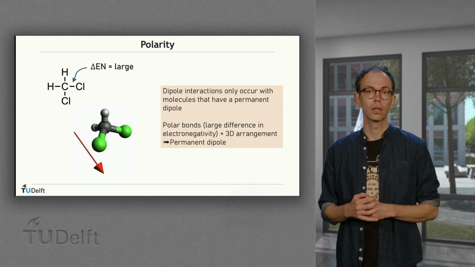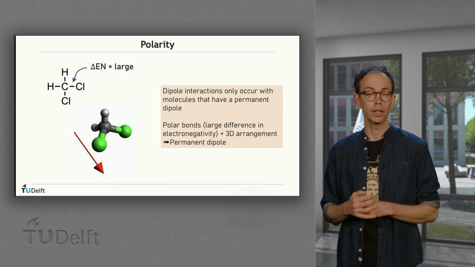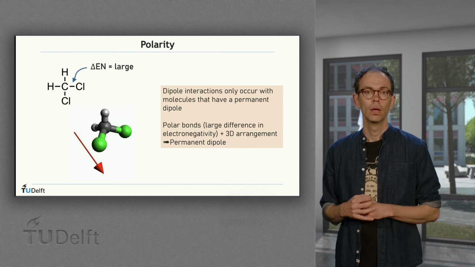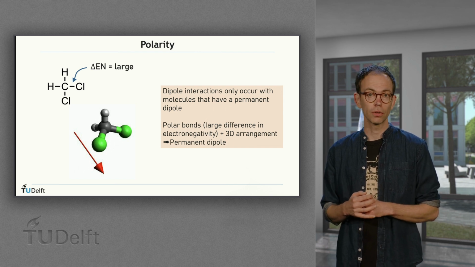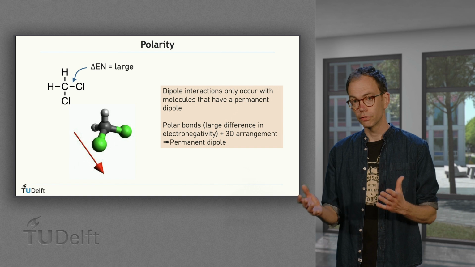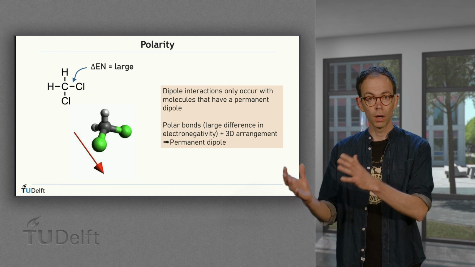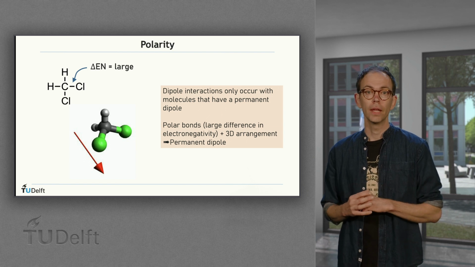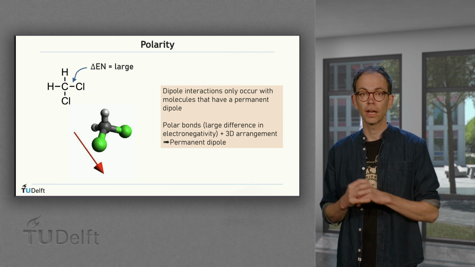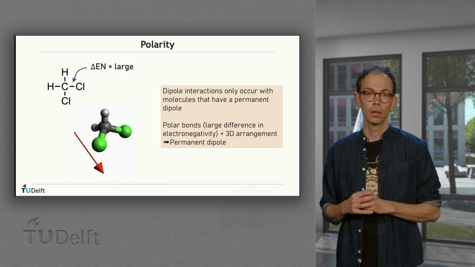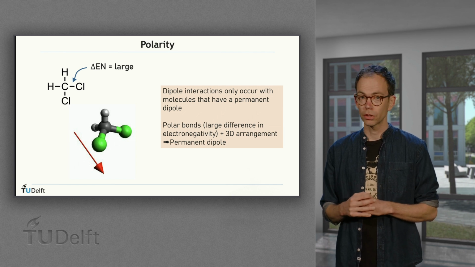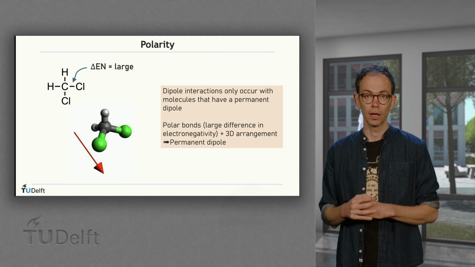This means that the carbon-chlorine bond is polar. When we draw the three-dimensional structure of this molecule, we can quickly figure out that these two polar bonds point to one side of the molecule. That means that these polar bonds don't cancel each other out. Combined, this means that this molecule has a permanent dipole.